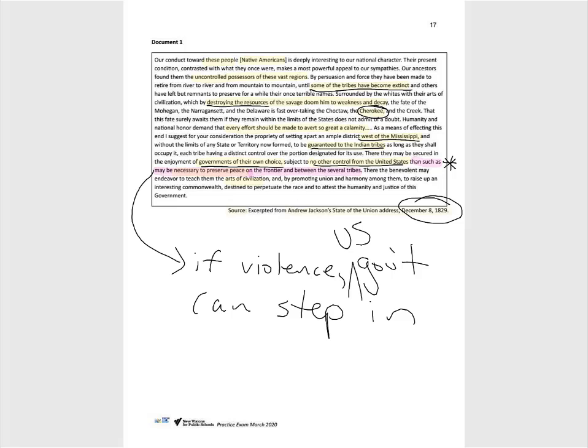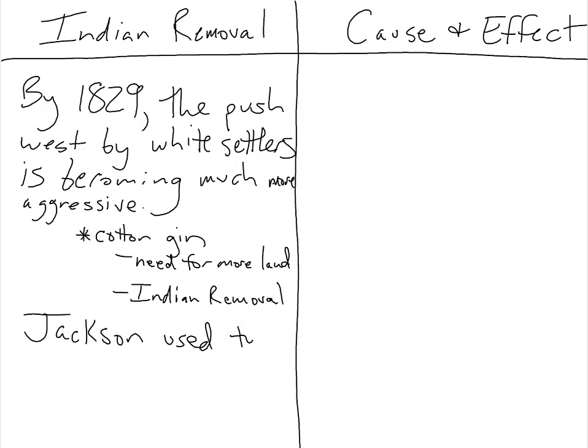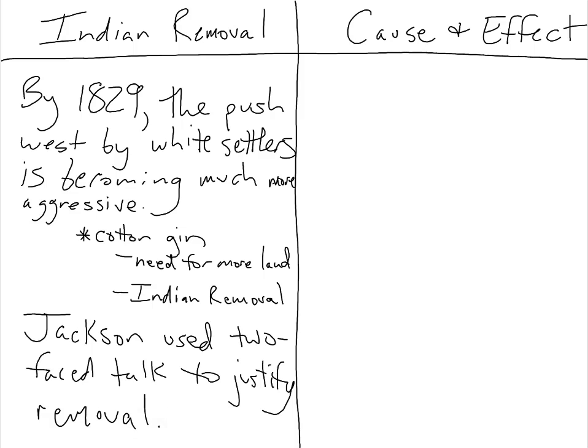You can feel free to use specific information from the documents to help you along the way. In this case, going back to the document, I think that this sneaky language that Jackson was using in his State of the Union address is a nice transition sentence. Okay? Jackson used two-faced talk to justify removal. You can expand upon this in any which way you please. Then you need to address the relationship between the documents.